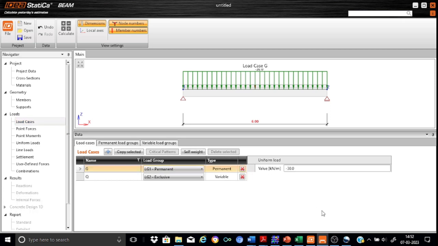So this means that we have only two basic actions, G and Q, and as you can see, G is minus 30 and Q is equal to minus 15. Okay, so that is all regarding the load cases, and we don't have any point forces or any other uniform loads to feed here. If you have some additional concentrated load, you can feed it into the system using the point forces.